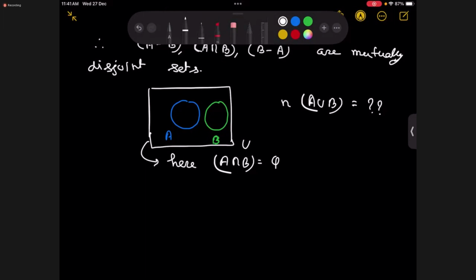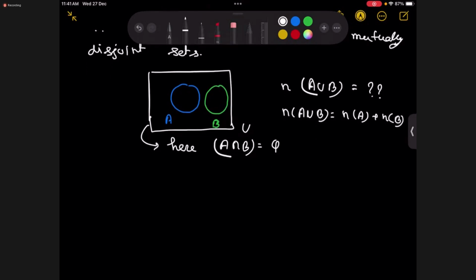The number of elements in A union B is nothing but the number of elements of A plus the number of elements of B, because in A union B we are collecting all elements which are either in A or in B, and here A and B have no common element.